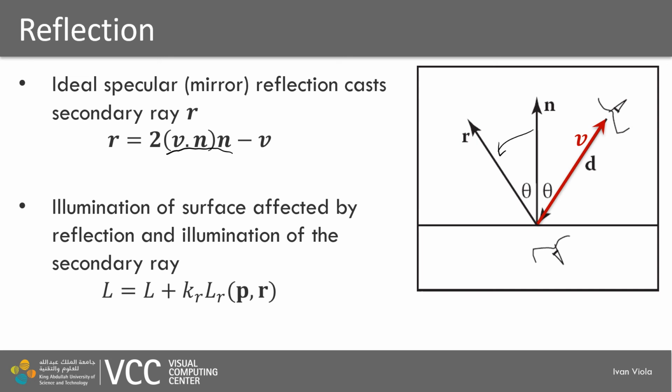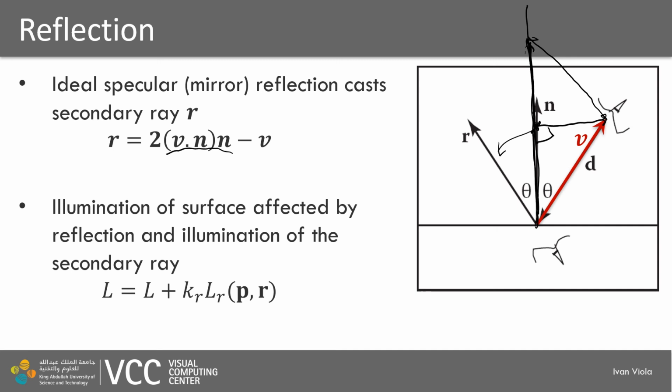If I draw this geometrically, this is the projection of our viewing vector onto the normal vector, and this would be this projection twice as long.